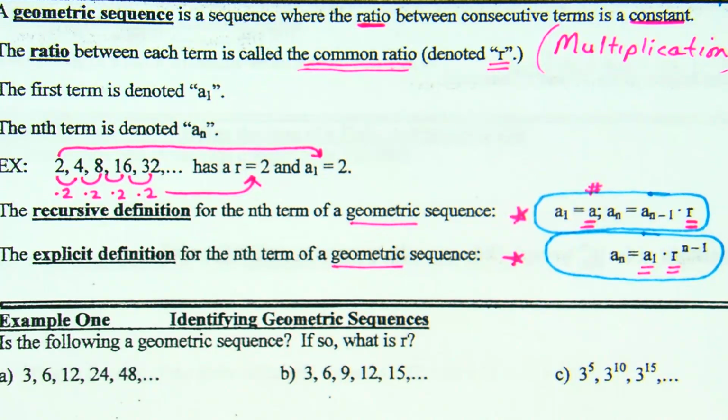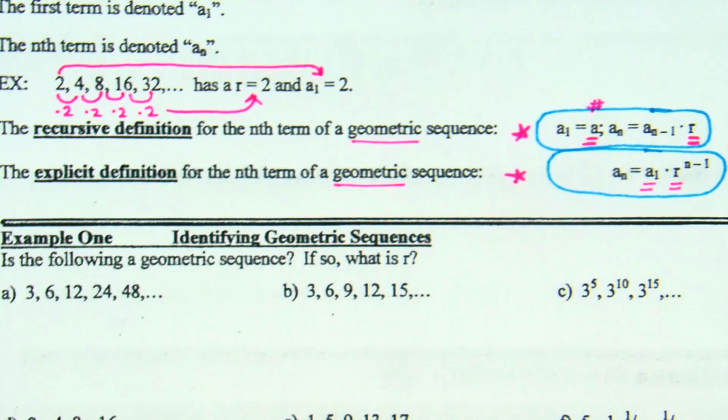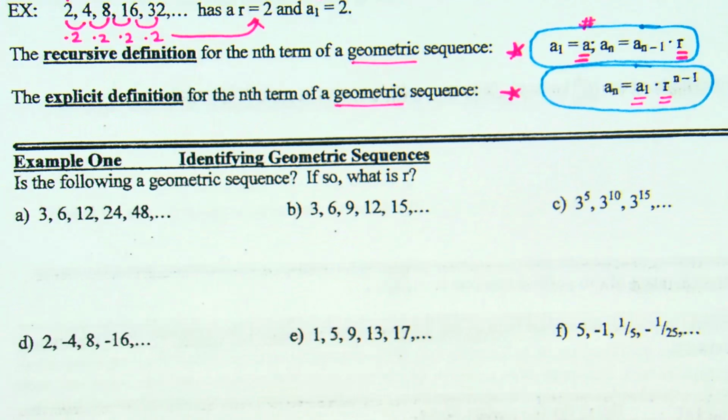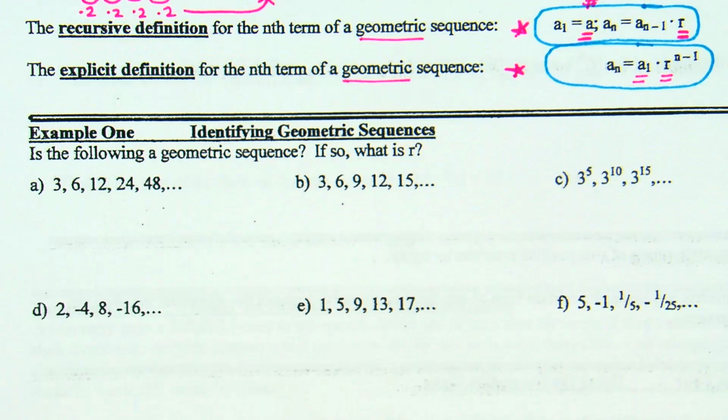Let's start off with practicing and figuring out what's geometric, what's not geometric. So in example 1, is the following sequence geometric? If so, what is R? Not what is D, what is R today? So example A, 3, 6, 12, 24, 48.